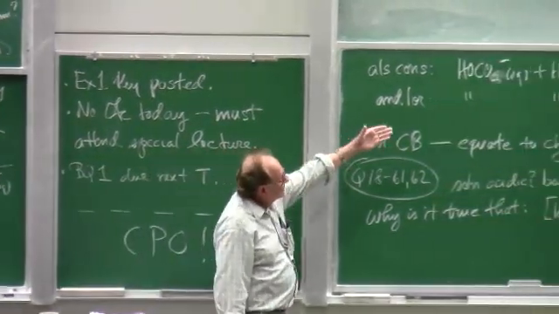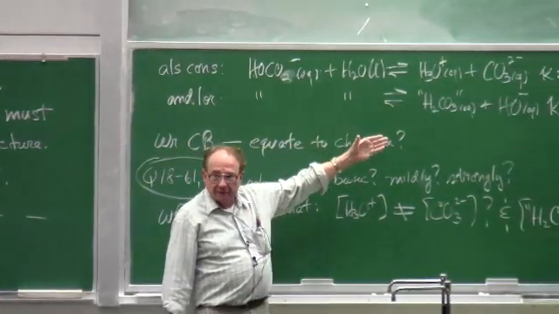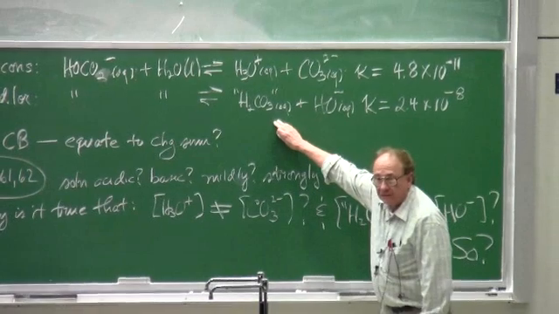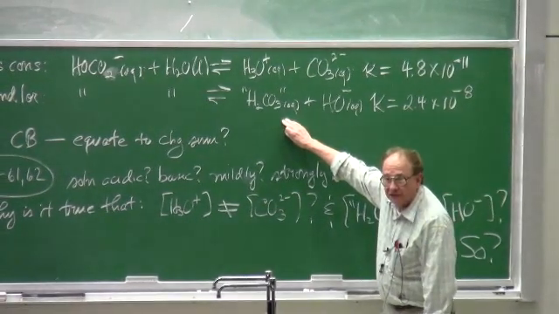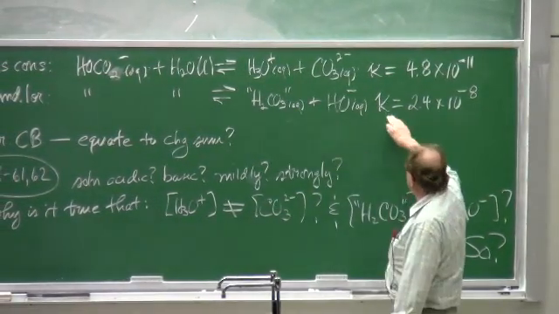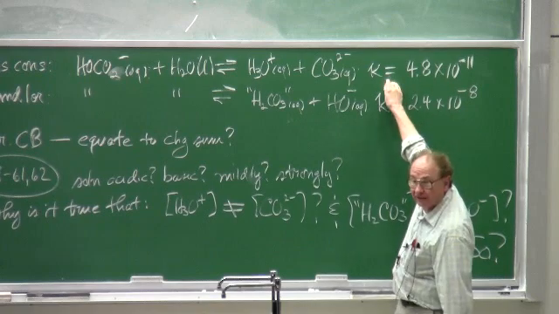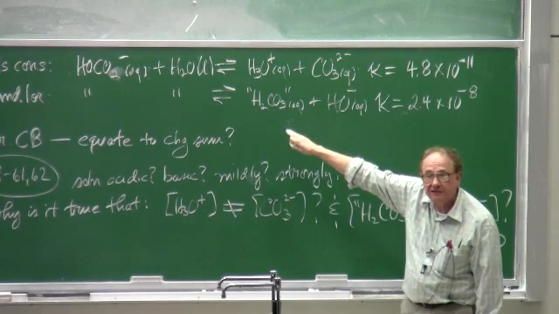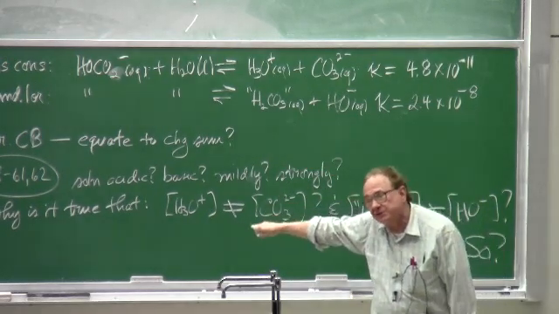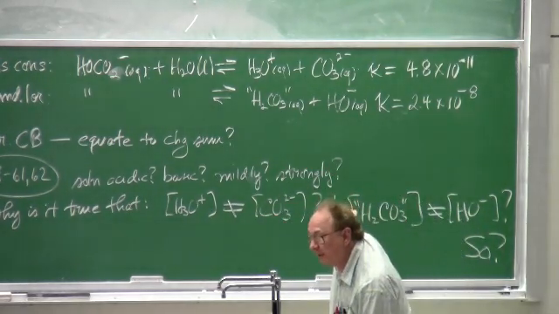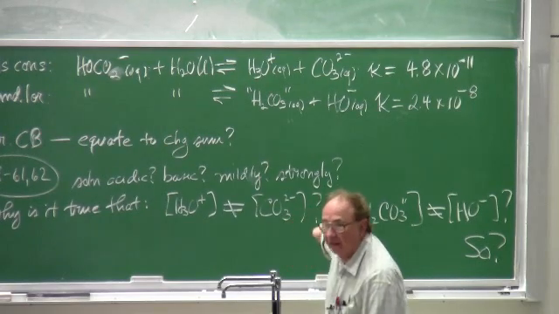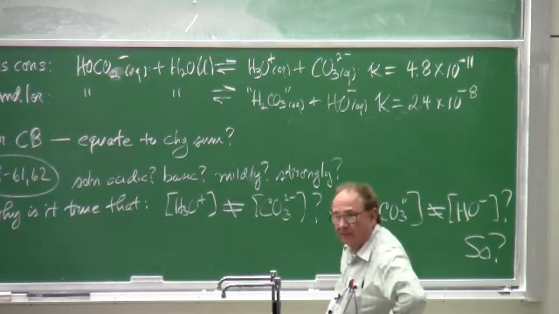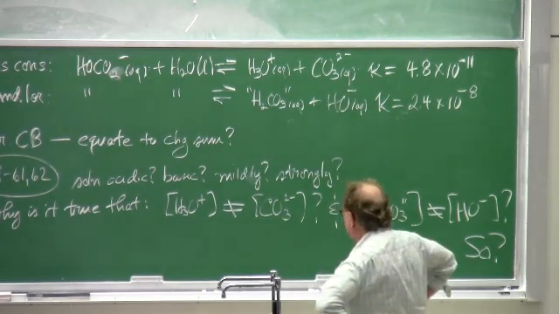Or you can compare the reaction extents of these to each other and see at a glance that for a given concentration of bicarb ion, the reaction extent of this exceeds the reaction extent of that, does it not? Because this is a bigger K value. And that accounts for why bicarb ion is showing us a solution which is acidic or basic? Basic. Strongly basic? Hell no, that's a damn tiny number. Mildly basic.